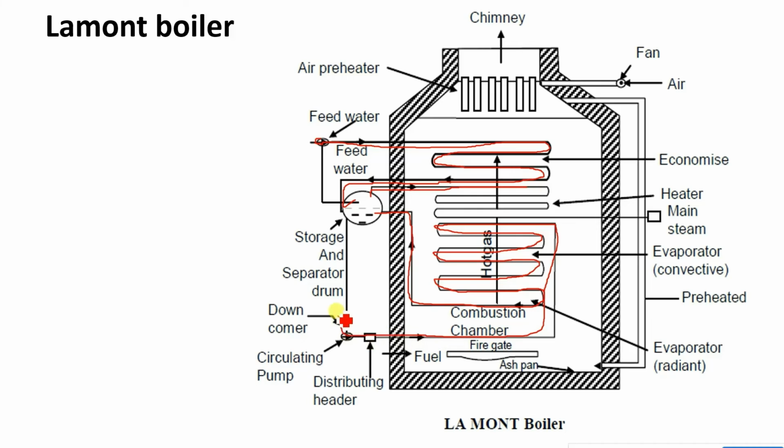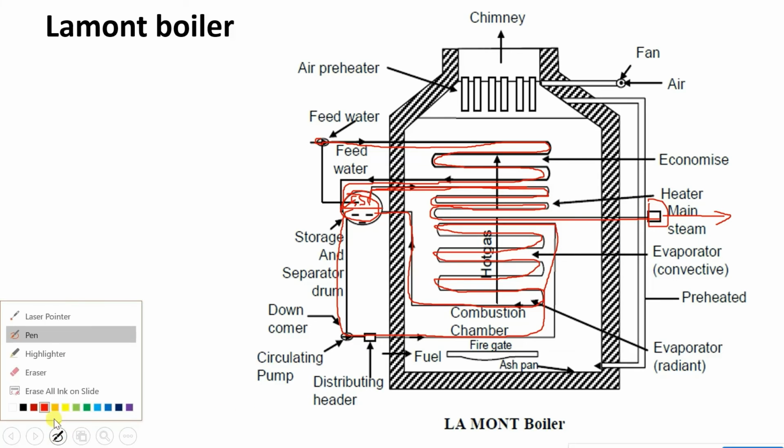This wet steam again enters the separating drum where the steam is separated, and only the steam enters the superheater. The steam gets superheated, and the superheated steam is supplied to the main stop valve, and then from the main stop valve to the turbine. Now, the gas cycle.